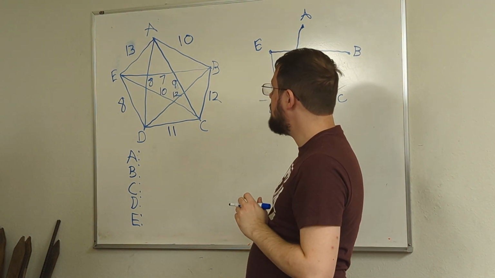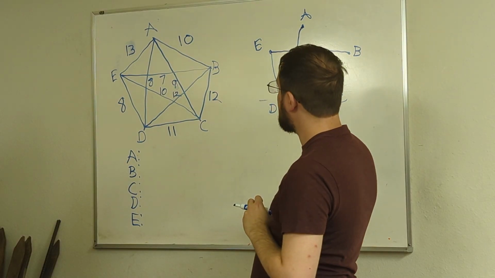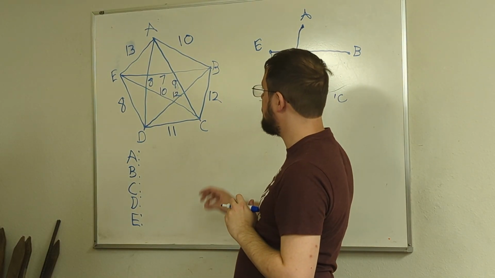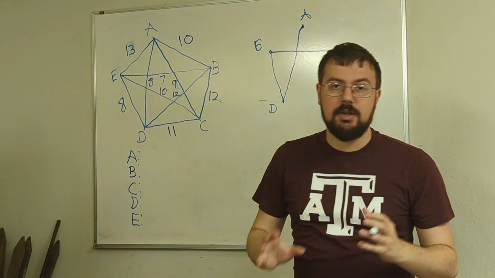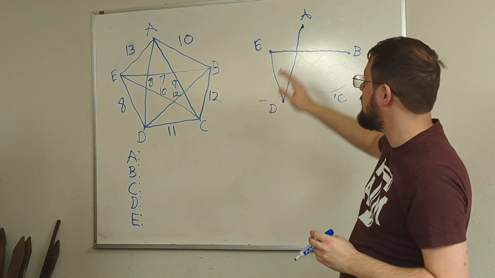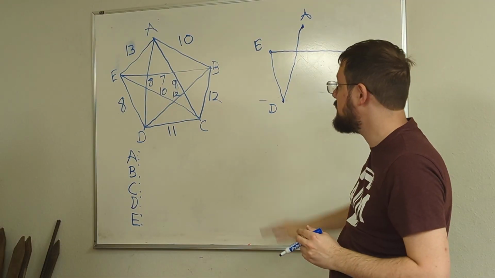And then from B, our next cheapest one is actually this one going to A, but we don't want to do that because we don't want to prematurely go back to A when we haven't visited C yet.